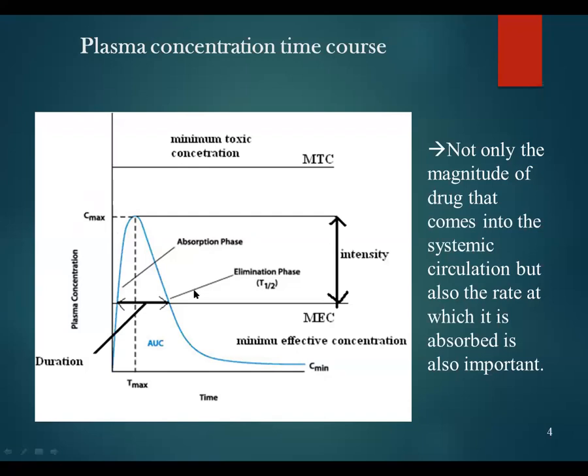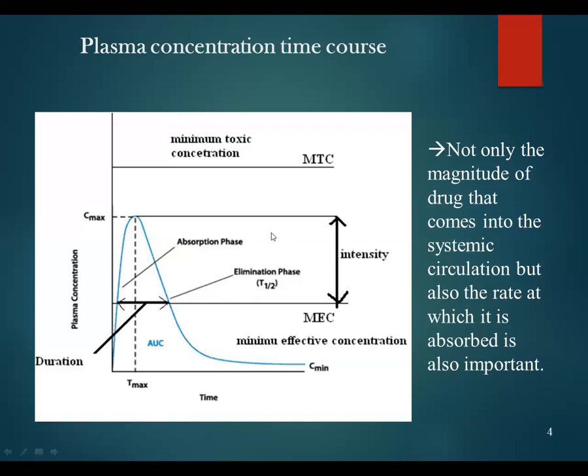That's what I told you: what is the advantage of calculating the pharmacokinetic parameters? It helps in deciding the dose of the drug. So I decide the dose such that when I give it to the patient, it will cross the minimum effective concentration and definitely exhibit the therapeutic action.